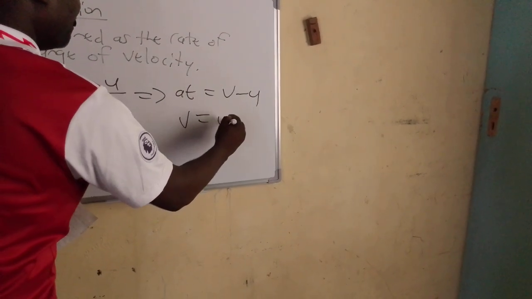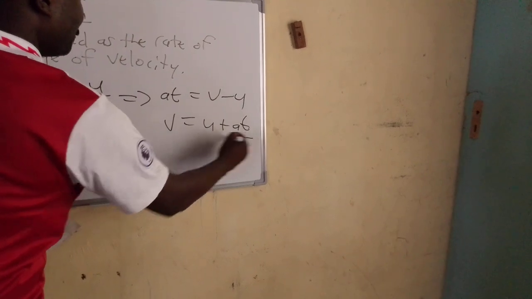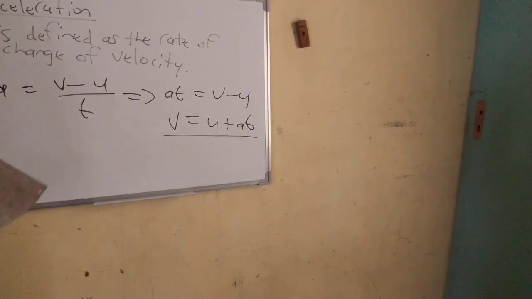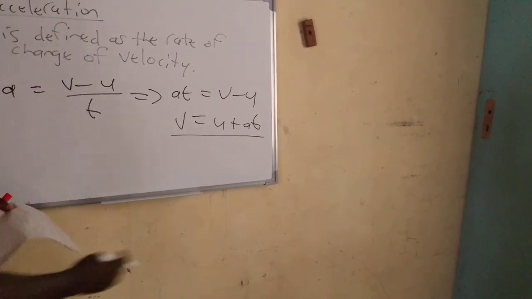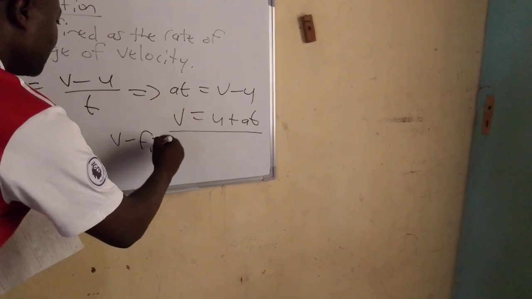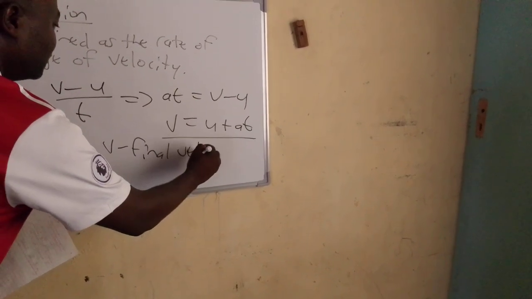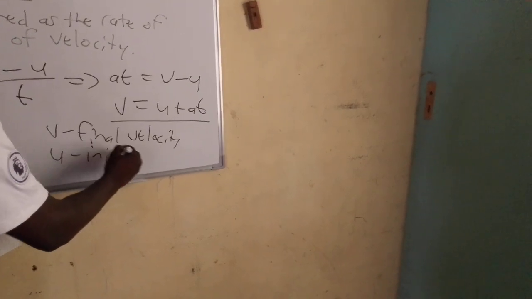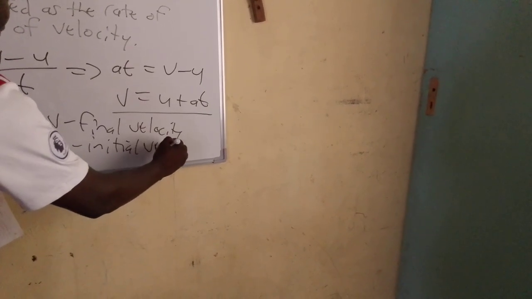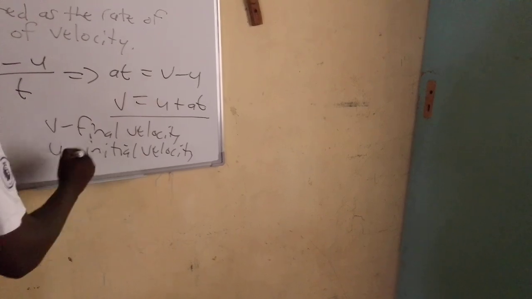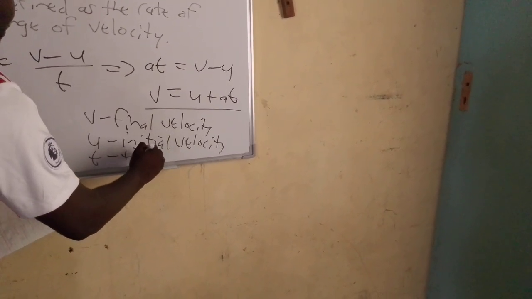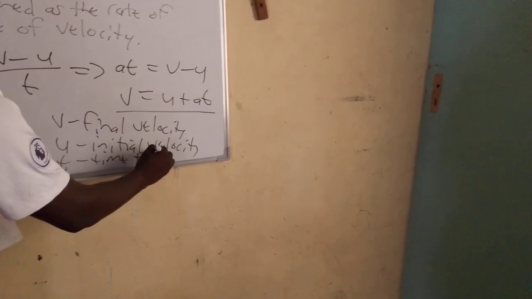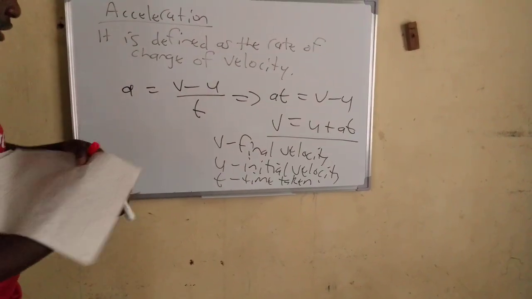So v will be u plus at. v is the final velocity, u is the initial velocity, t is the time taken to acquire the change in velocity.